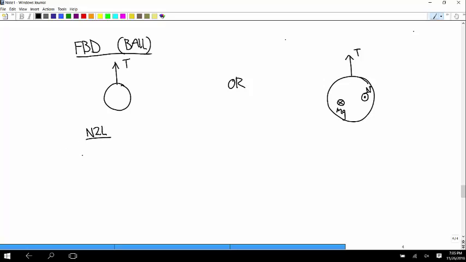So Newton's second law says that T, which is in the positive y direction, is equal to the mass of the ball times its acceleration.